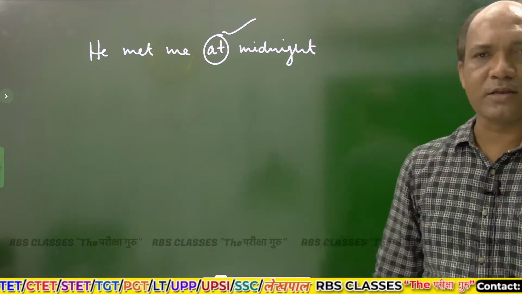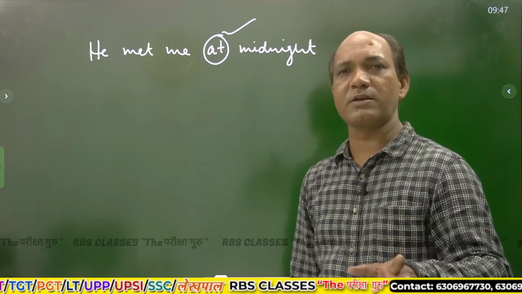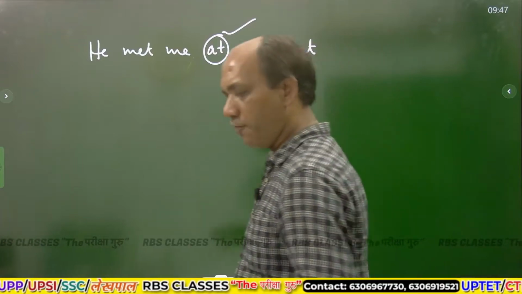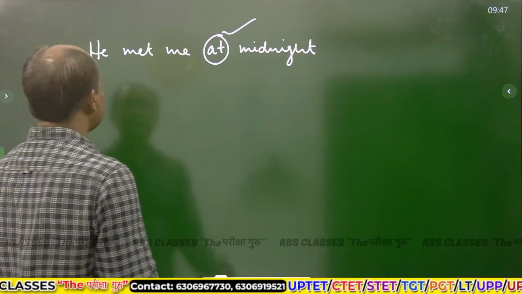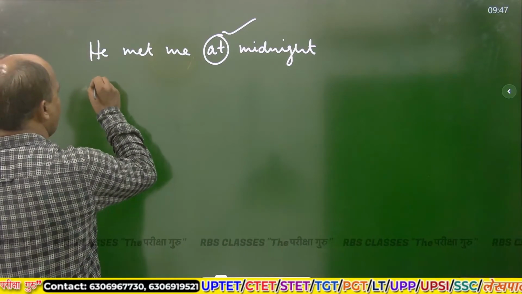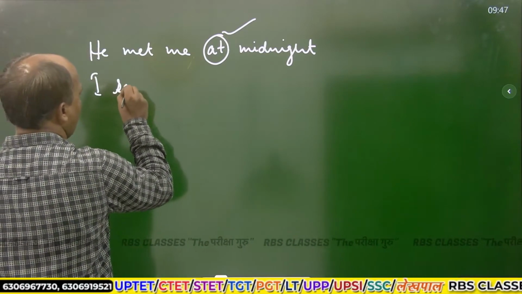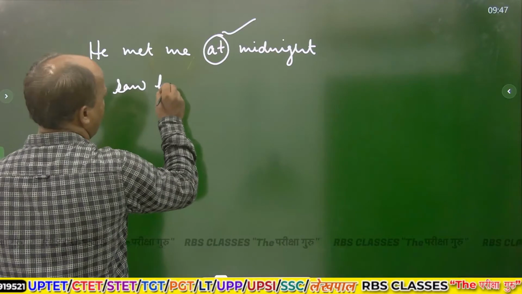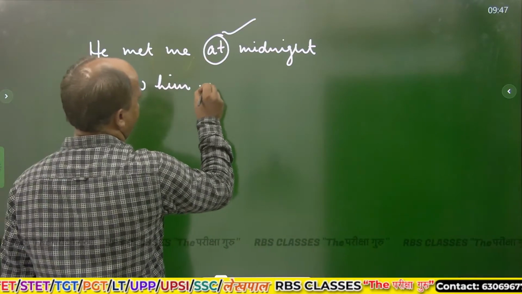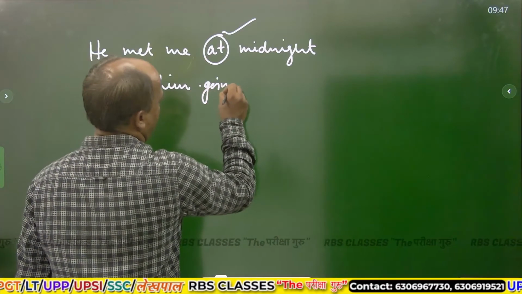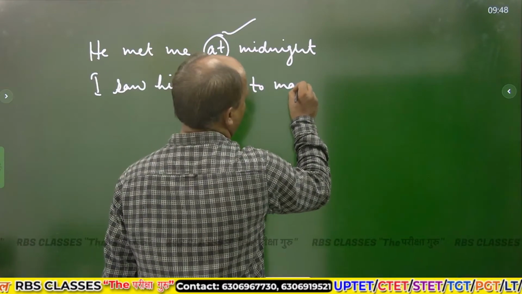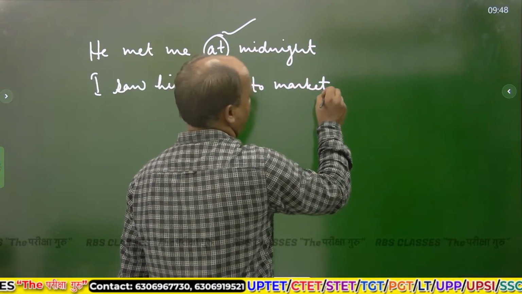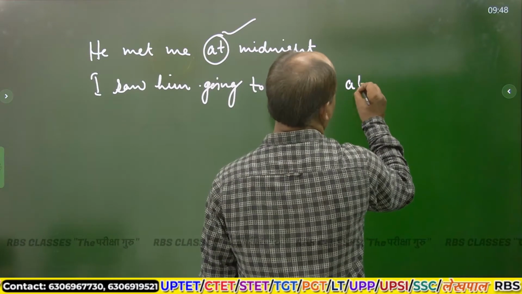That is a particular time. That is a particular point of time. वो particular point of time है। इसी तरीके से कहा जाए I saw him going to market at noon.